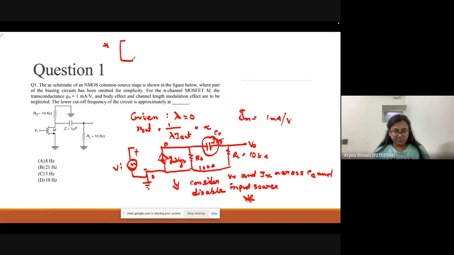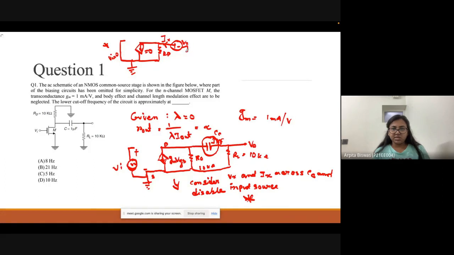It is short, and here it will be present, but the value of gm Vgs is equal to 0, right? Because Vi is 0. Here Vi equal to 0, so gm Vgs will also be 0 on this side. And then here only RD is present, and instead of this coupling capacitor, we will put Vx, and the current coming out from this is Ix.